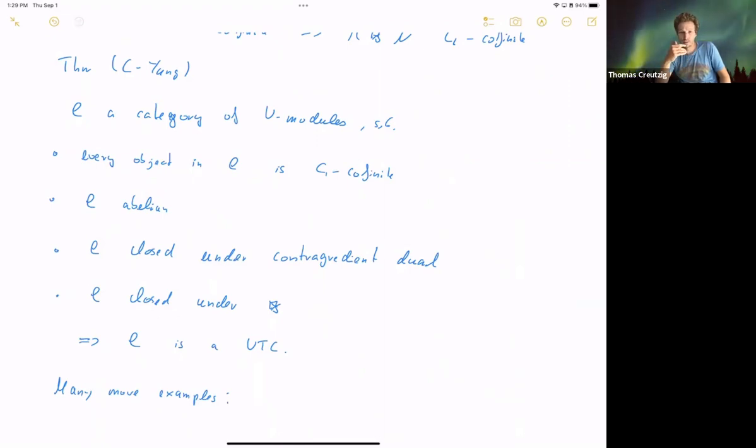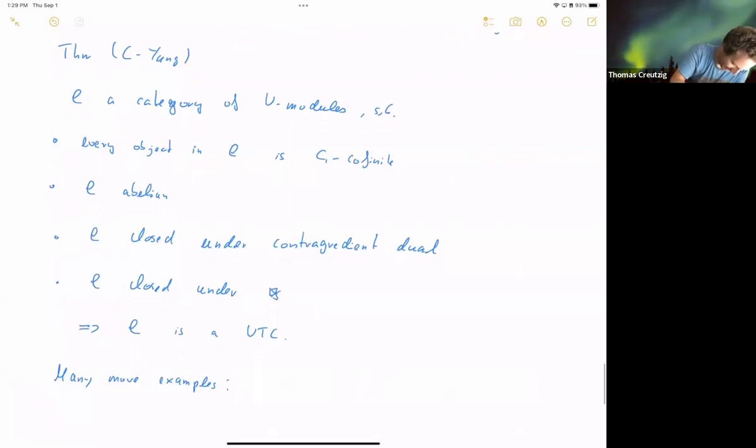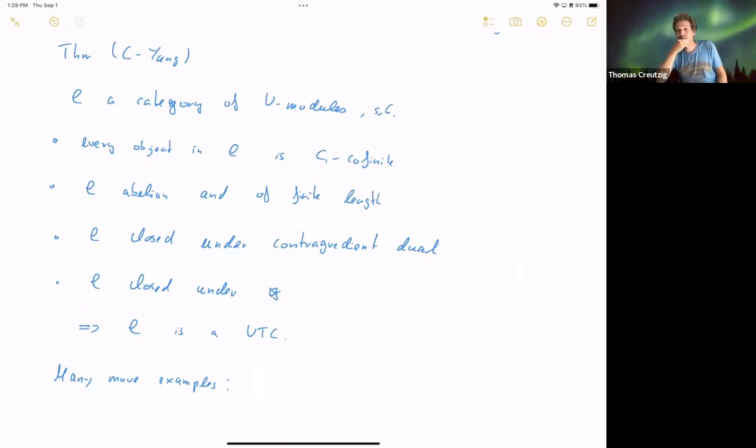The only problem is, I forgot finite length. I'm sorry. The only problem is that it needs to be of finite length.